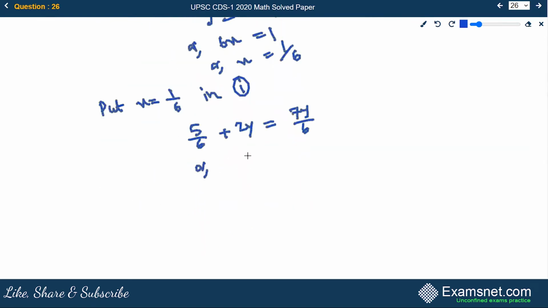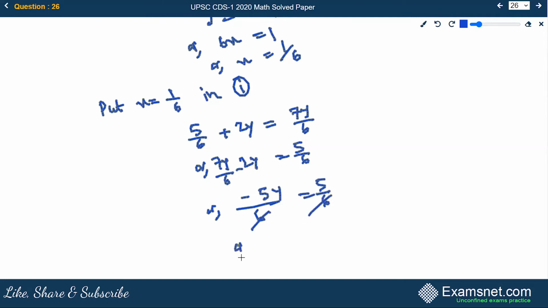So 7y by 6 minus 2y equals 5 by 6. So (7 minus 12)y by 6 equals 5 by 6, both 6 got cancelled. Here y equals minus 1. So the point is 1 by 6 comma minus 1. This is the required point.